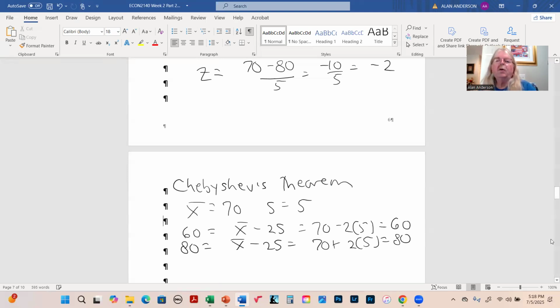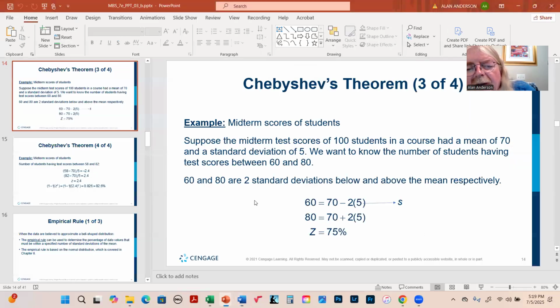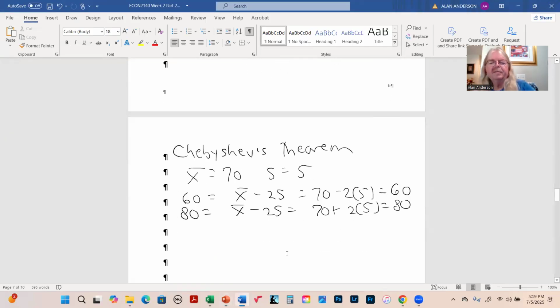And we just got through seeing that according to Chebyshev's theorem, being within two standard deviations of the mean has a probability of 75%.